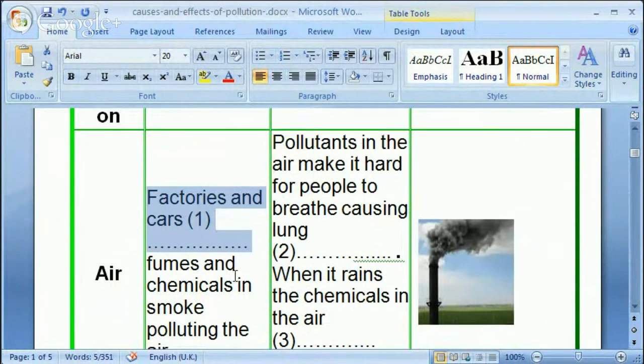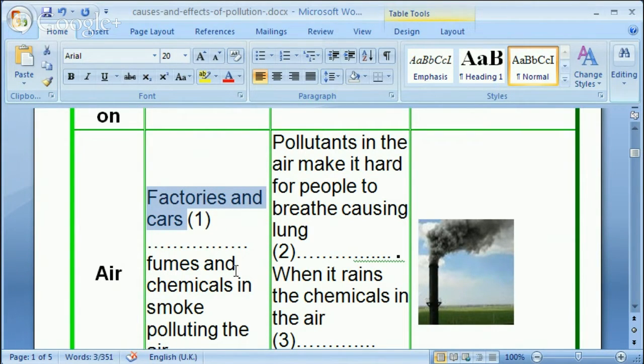Now, just a note for those of you who may have to do similar types of exercises for English competency tests. Let me demonstrate a little clue for you here. First of all, you have a pair of nouns, factories and cars.